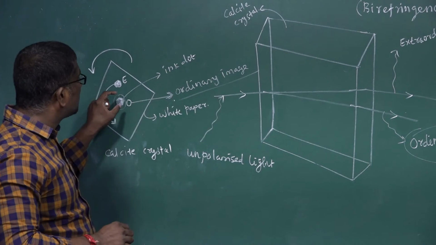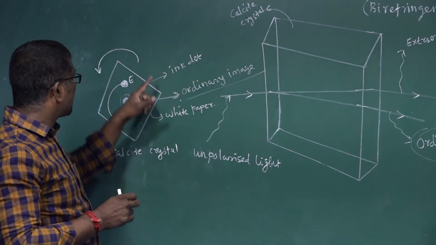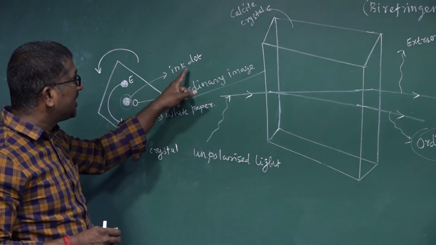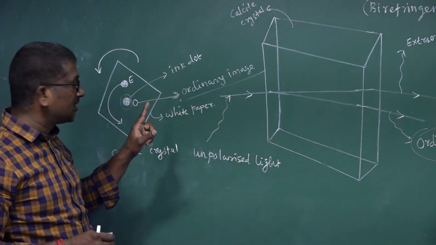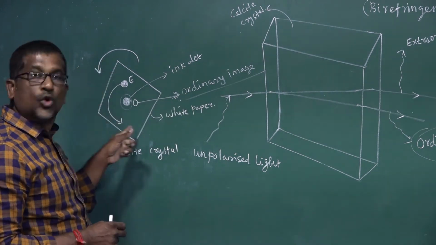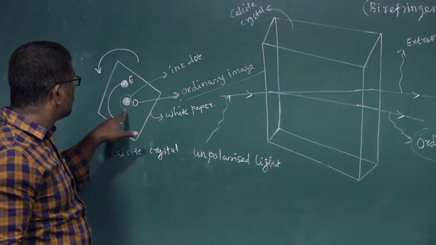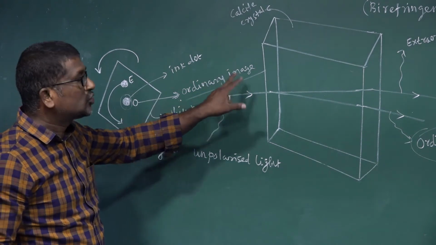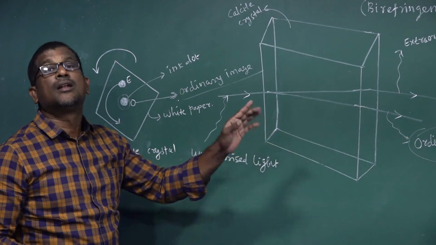This ordinary ray produces the image which is stationary when the calcite crystal is rotated. When the crystal is rotated, two images of the ink dot can be seen. One image is always stationary and the other image rotates around the stationary image. The stationary image is called the ordinary image, produced by the ordinary ray, which obeys the laws of refraction.